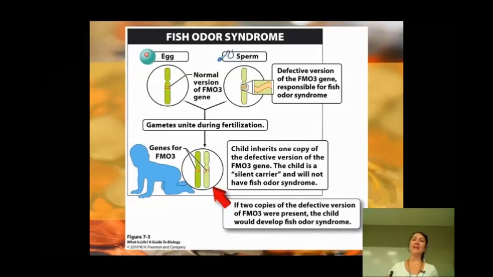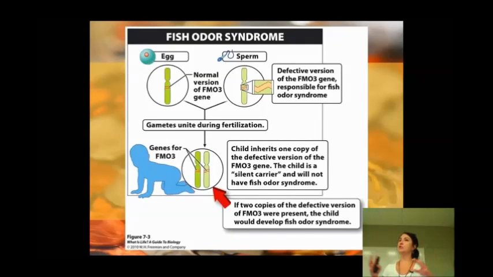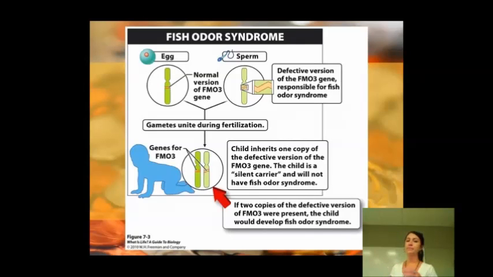This is one of the interesting disorders that comes because of the egg and the sperm. If you've ever heard of fish odor syndrome before, this is due to a defective version of a gene, and what happens is that when these gametes unite during fertilization, when the egg and the sperm are coming together, the child gets one copy of the defective version of the gene and can be a silent carrier.